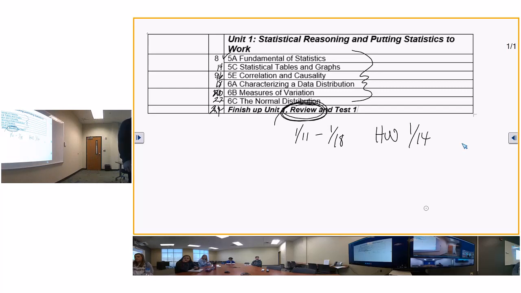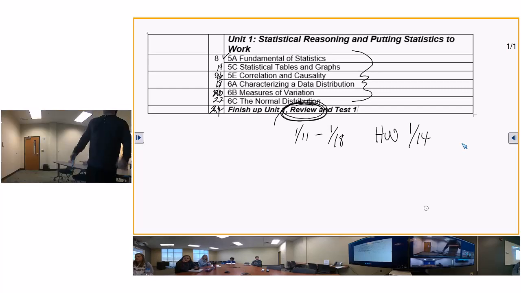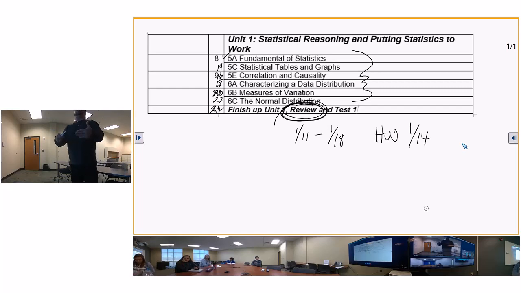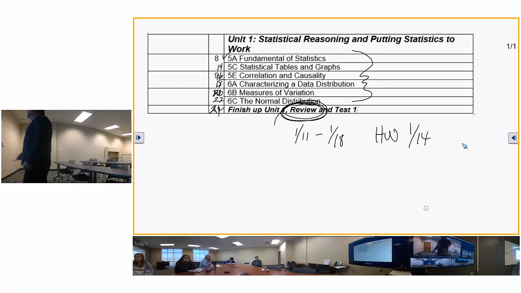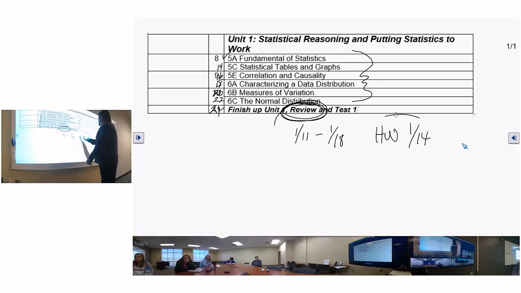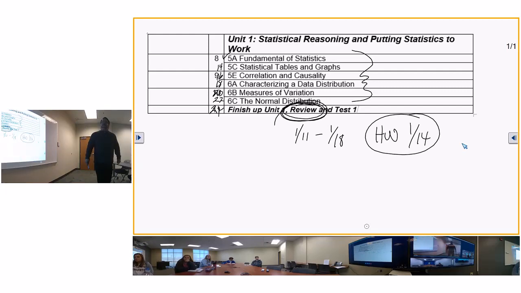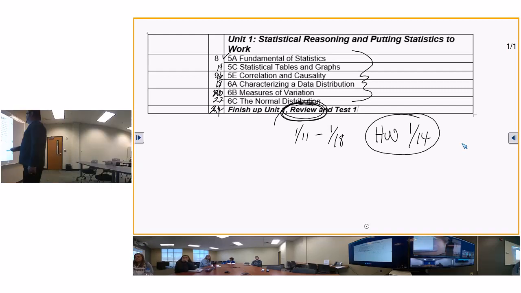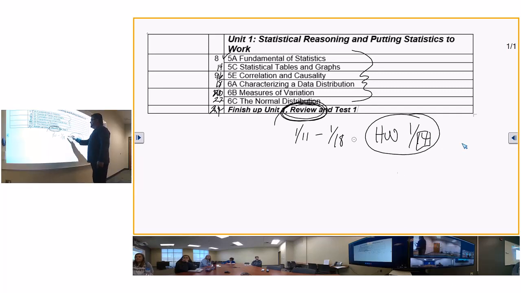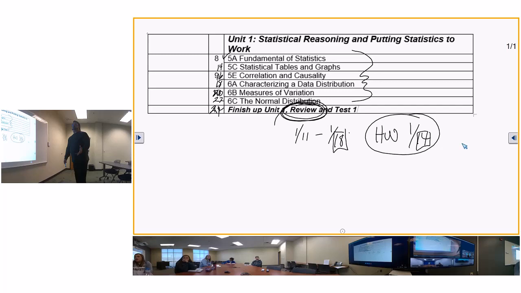So therefore, you can come to class Monday and send in questions on any homework that you have questions on. But I only give you that one day. This is the one day right here that you have to send in any questions on homework. And you still have how many more days from the 14th to finish the test? You still got 4 days. Do you see how I do it now?